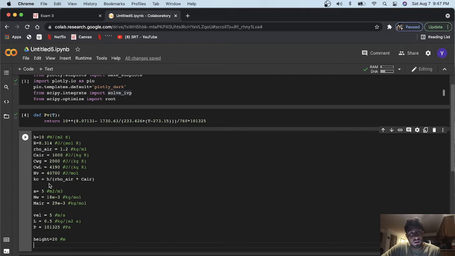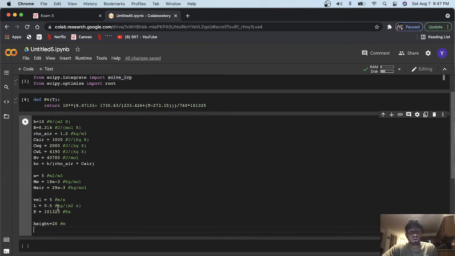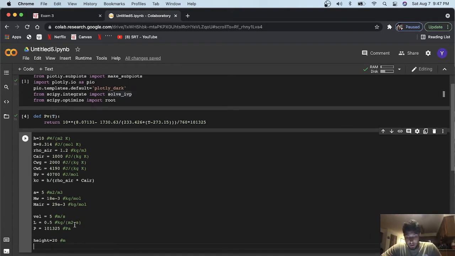It's equal to the heat transfer coefficient divided by the density of the air multiplied by the heat capacity of the air. We got the specific area, the molecular weight of water, the molecular weight of air, velocity, the liquid flow rate, and the pressure. And we have the height also of the cooling tower at 20 meters.